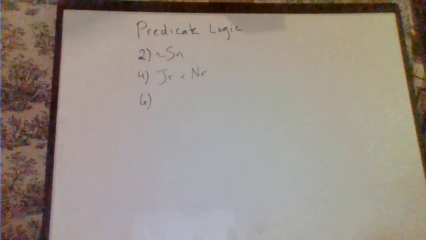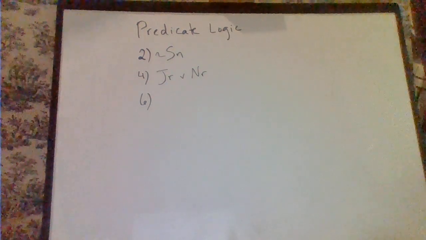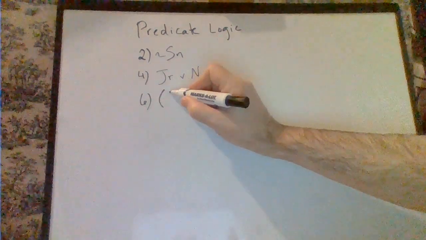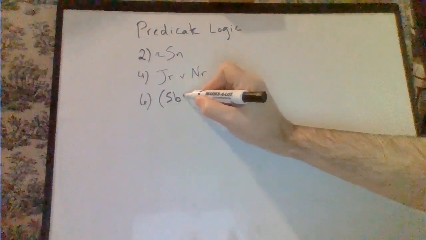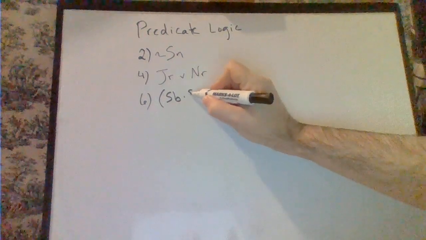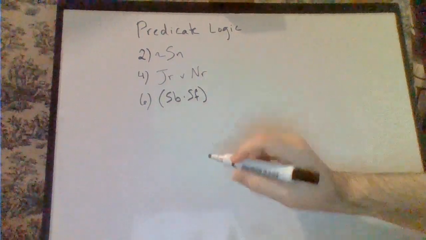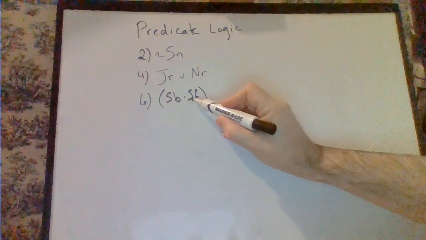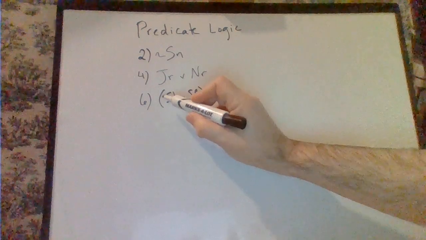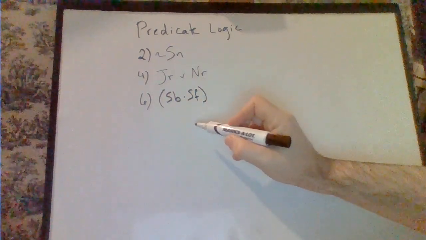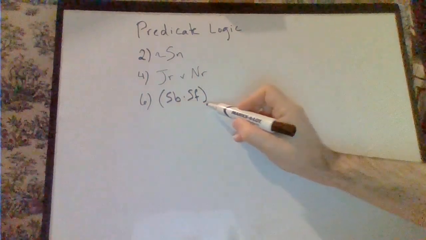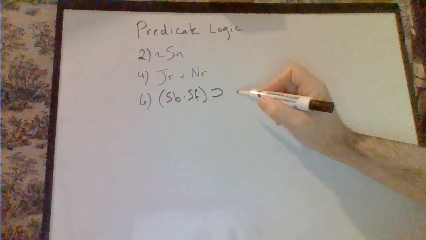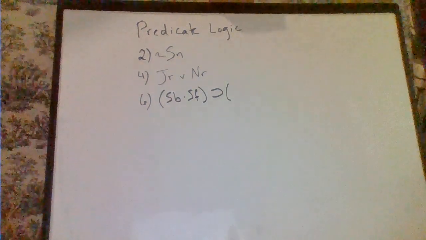So we'll start with the statement Belgium and France subsidize the arts. So that would be in parentheses SB and SF. Okay, so Belgium subsidizes the arts and France subsidizes the arts. And of course it has to be in parentheses because that's showing you that this part is hanging together as the antecedent, whereas after the horseshoe we'll have the consequent, which is also going to be a compound statement.